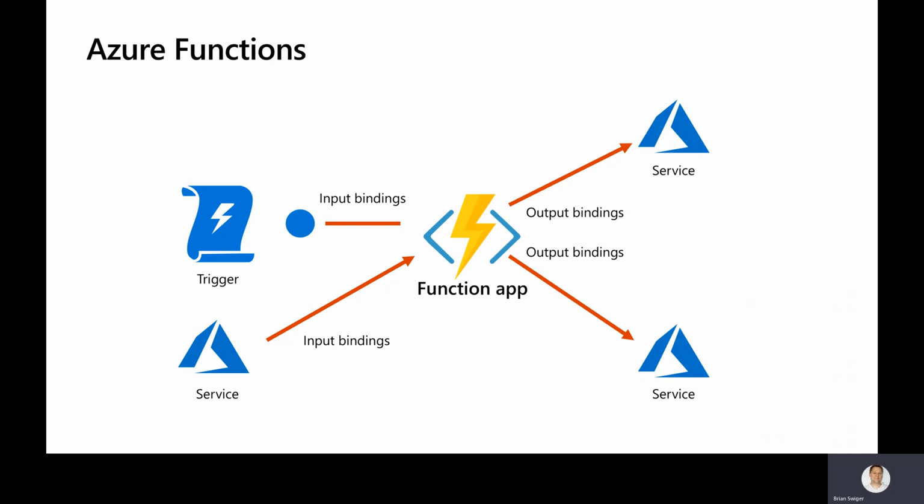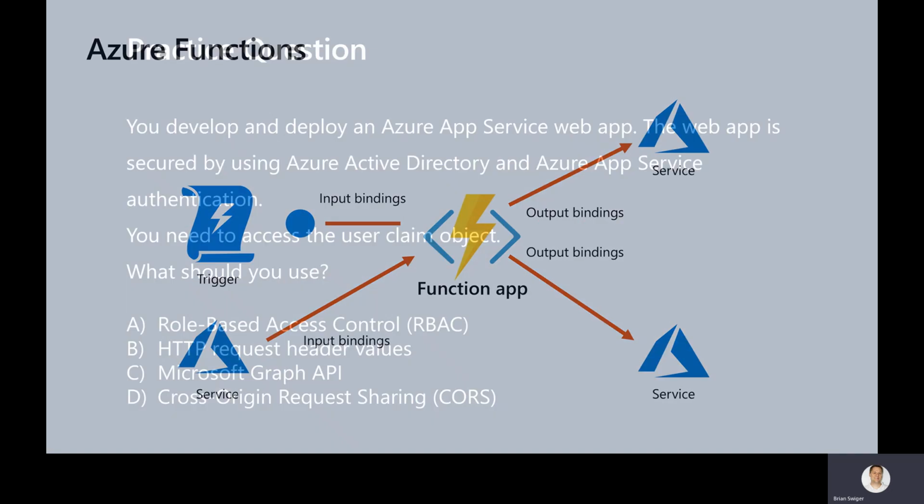You have your input bindings and your output bindings. So you may have an event that occurs, the function may run, and then output data to another service. So you could actually respond to a blob being stored, have a function app process that blob, and then put that into, say, data lake or another service, even another blob if you wanted to.